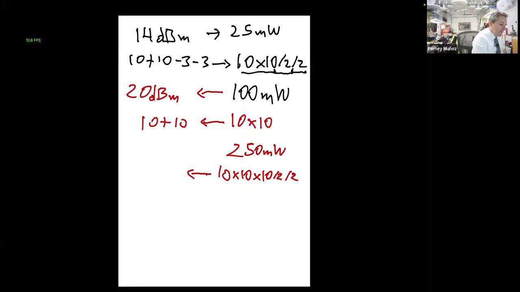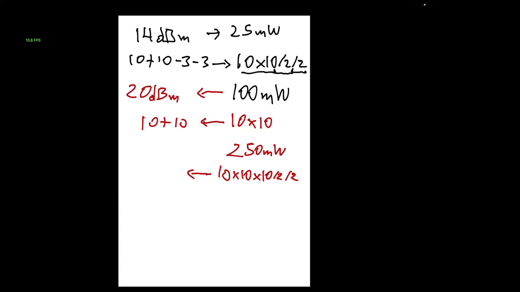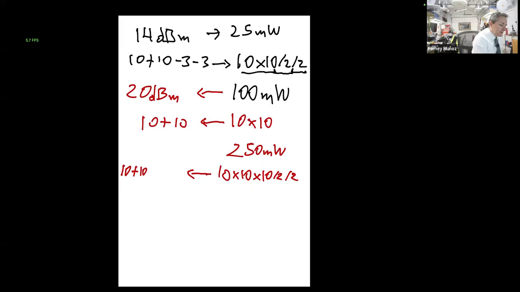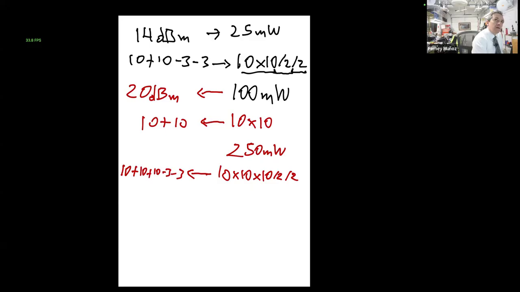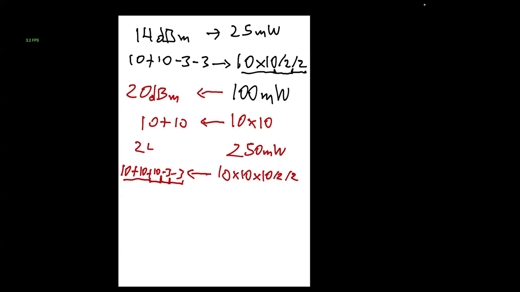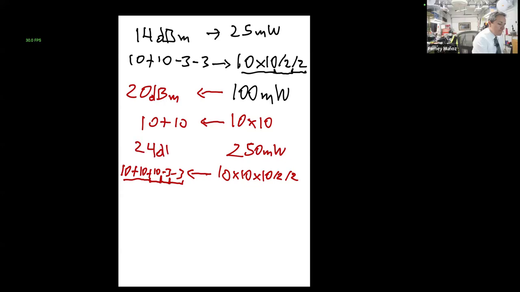Substitute each unit. 10 plus 10 plus 10 minus 3, minus 3. 10 plus 10, 20, plus 10, 30, minus 3, 27, minus 3, 24. 24 dBm. Does that make sense? It's just a trick.